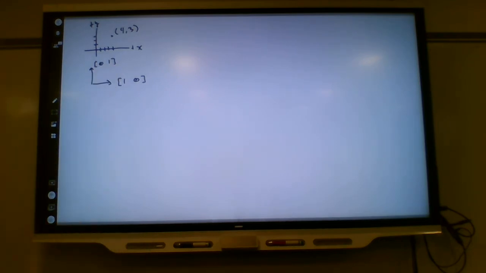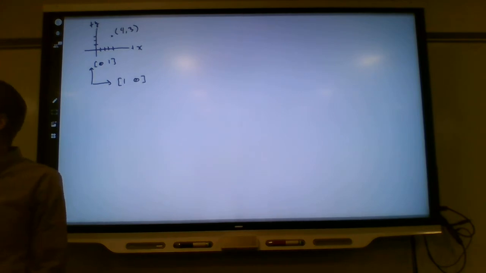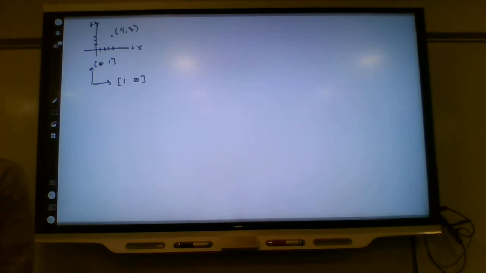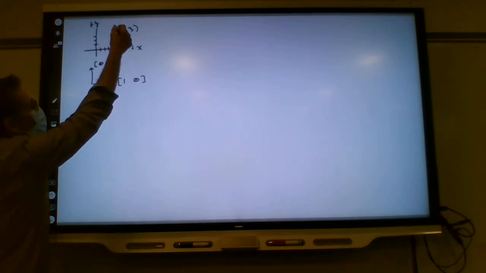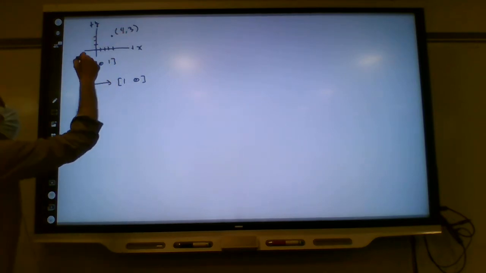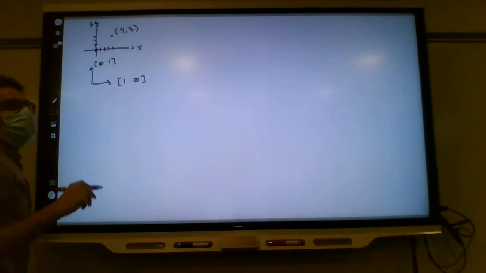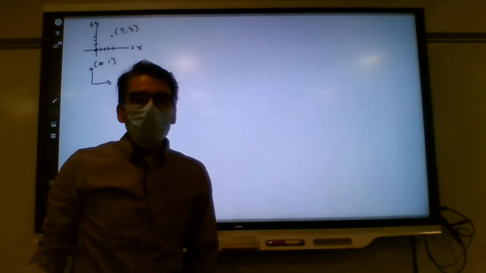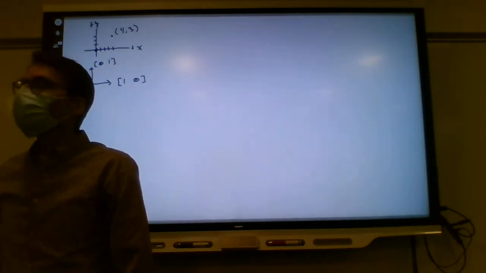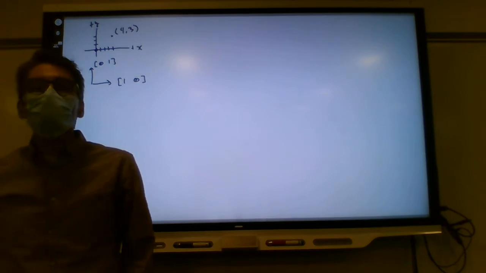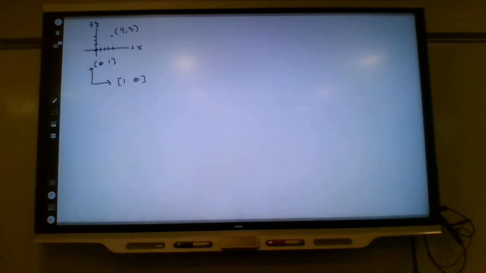And so when we think about the point 4, 3, we're really saying how many times did we apply vector 1, 0, and how many times did we apply the other vector 0, 1. And so we're thinking again the position in terms of some arbitrary origin, but from that origin everything else follows. And so from here we say how far over, how far up did we go.